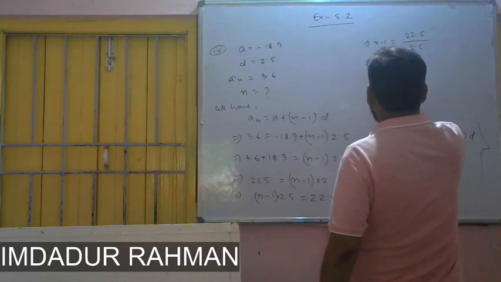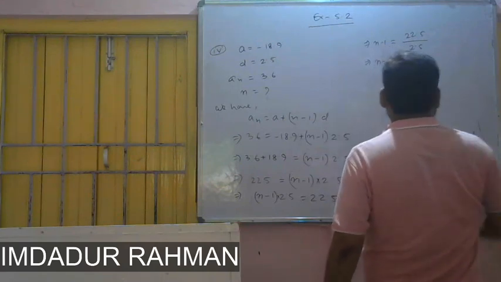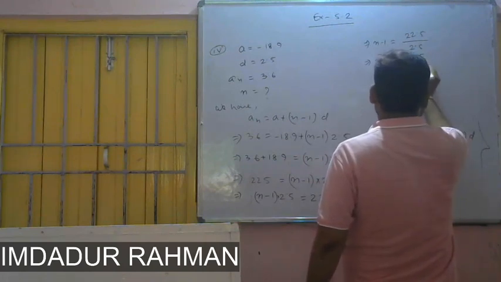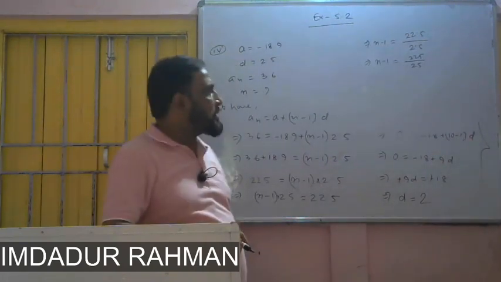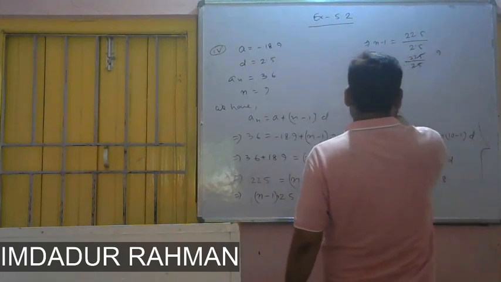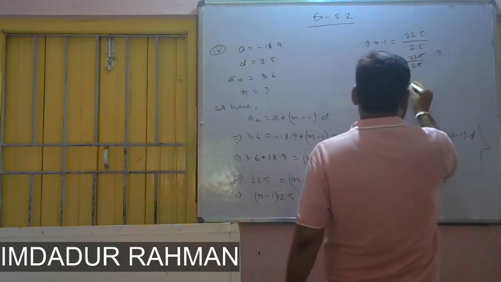Implies N minus 1 is equal to, what will be? 22.5 and 2.5, the point will be removed. Just reduce it, you will get 9. So N is equal to 10.